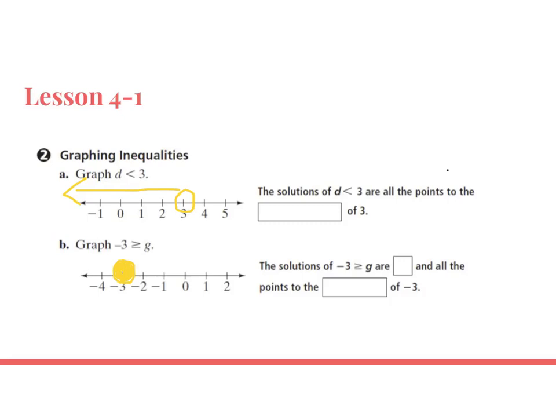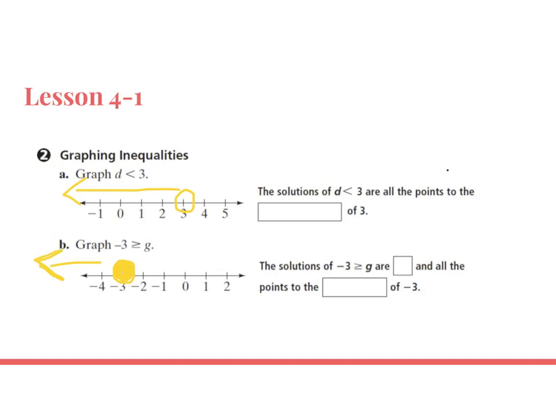When it's open, we're not including, but when it's filled in, we are. Now we have to ask ourselves, g is less than the -3, right? So we want numbers that -3 is going to be bigger than. And with your negative signs, you have to watch and think about that. So we are going to the left here.